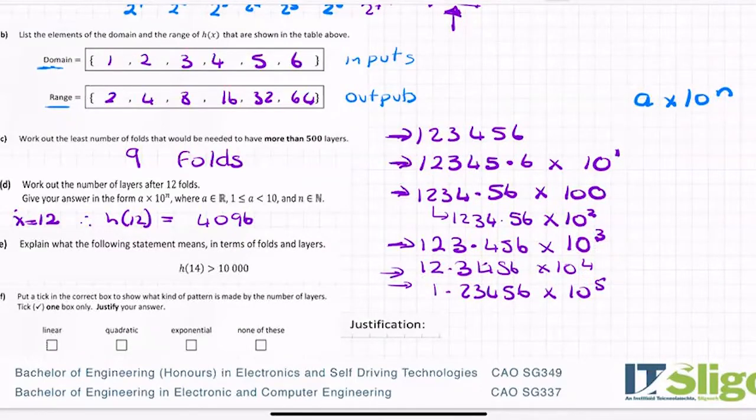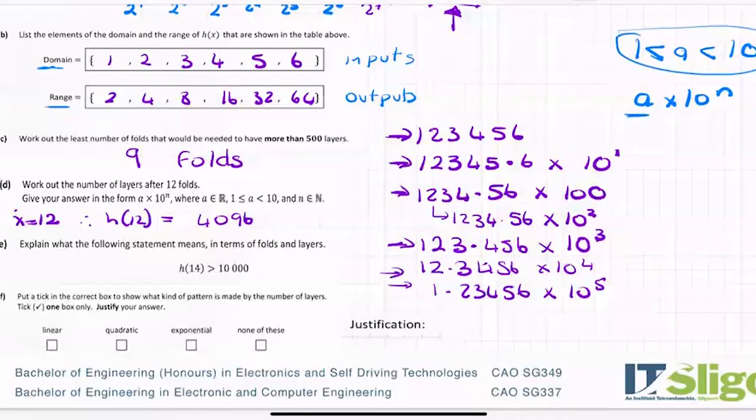But how do we figure out which one is the right one? Well, we look at the next condition they have there. a must be between 1 and 10. Okay, 1 is less than or equal to a, which is less than 10. So they want this number here to be between 1 and 10. So now there's only one option.